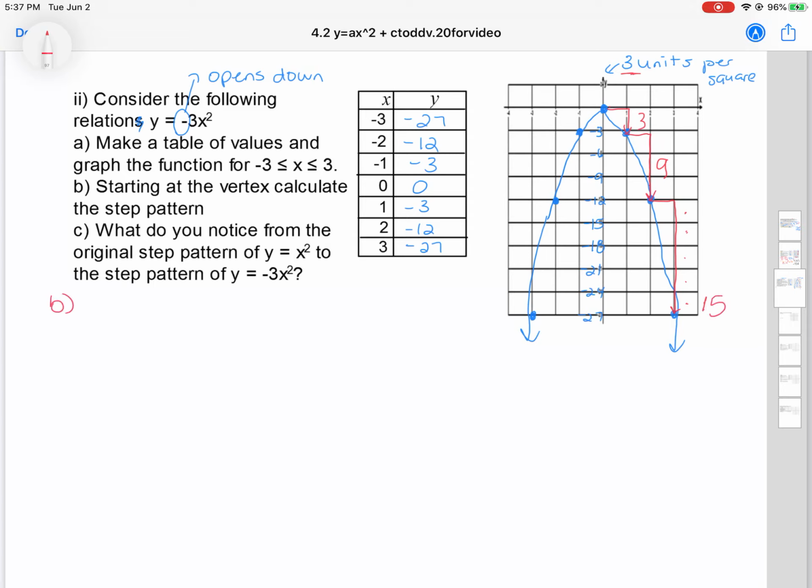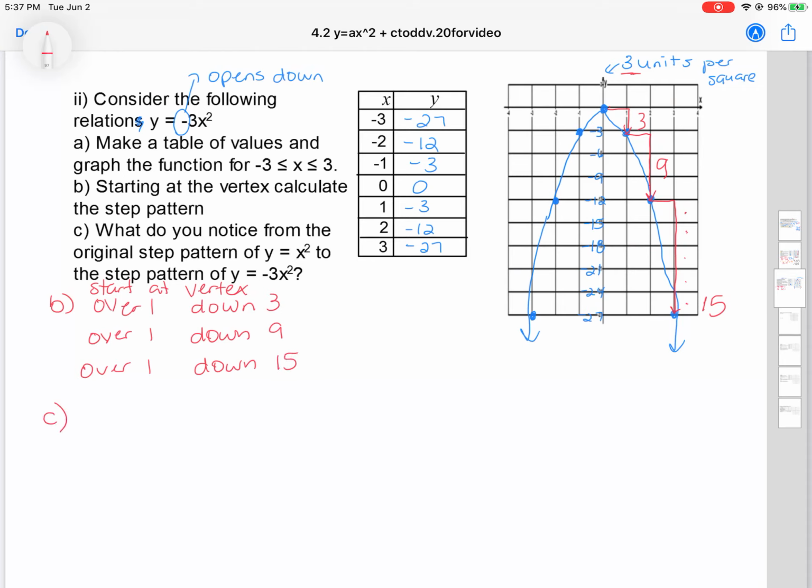So start at vertex, over 1, down 3, over 1, down 9, over 1, down 15.